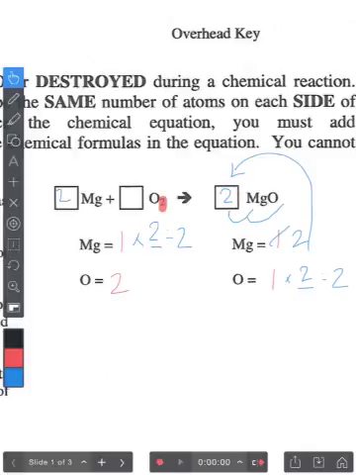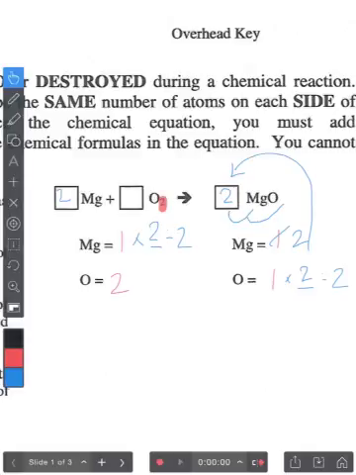So now, as you notice, magnesium on the reactive side now equals 2. The oxygen equals 2. And then on the product side, the magnesium also equals 2 and the oxygen 2. So because the magnesiums are equal and the oxygens are equal, my equation is considered balanced.